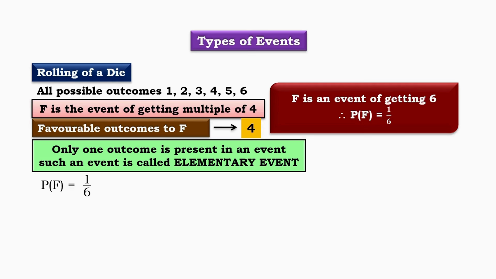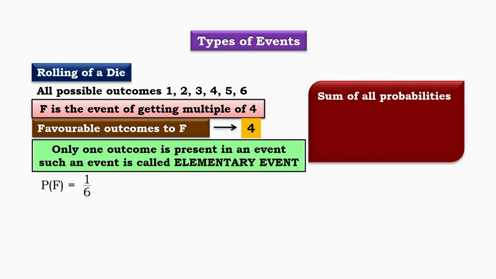Keep in mind that getting 6 means we have to count the outcome, not the actual number. Getting 6 has only one outcome out of a total of 6 outcomes, so 1 by 6.